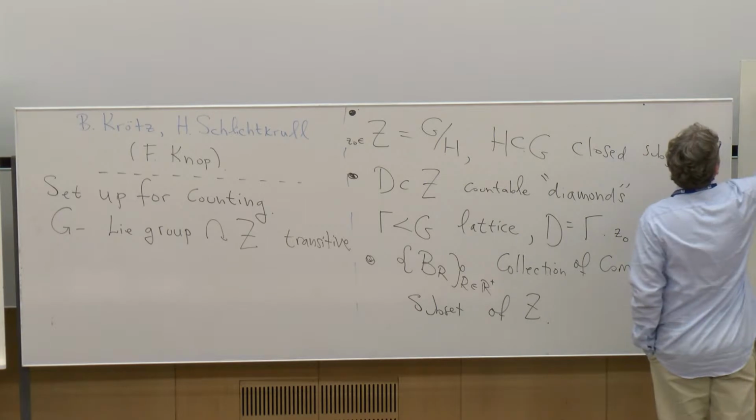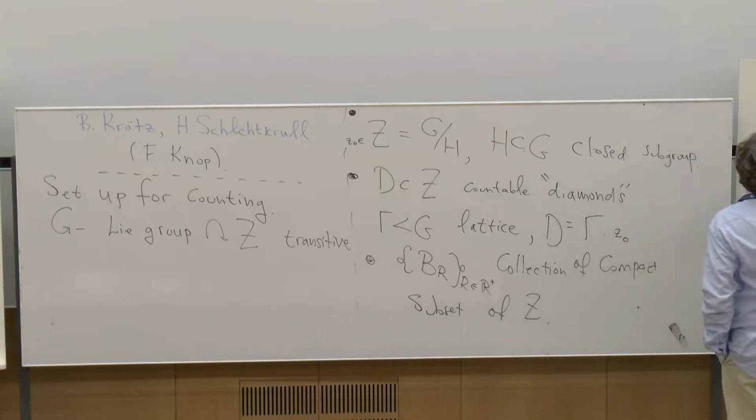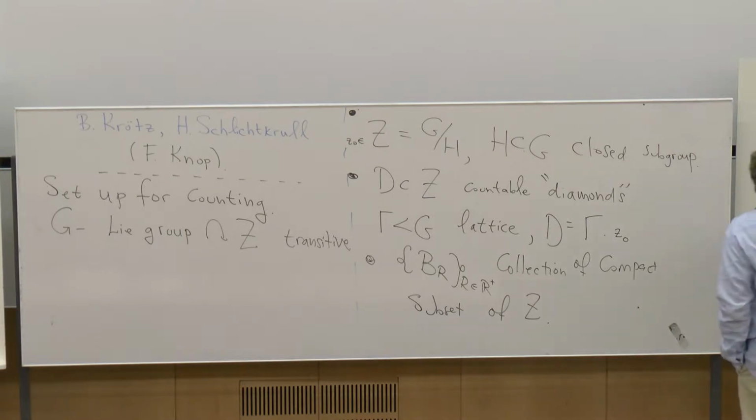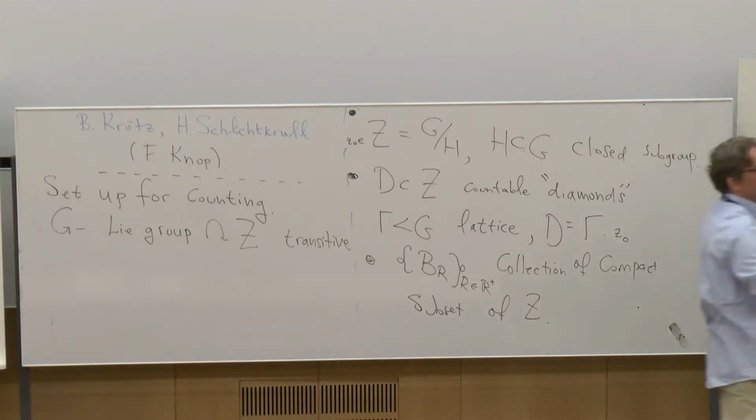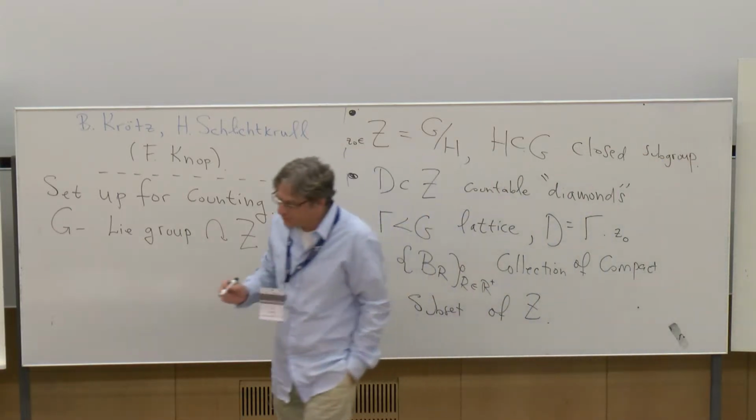So we want to count the size of the intersection of D with this B_R, or Gamma acting on Z naught intersected with B_R. So these are the numbers we are interested in.